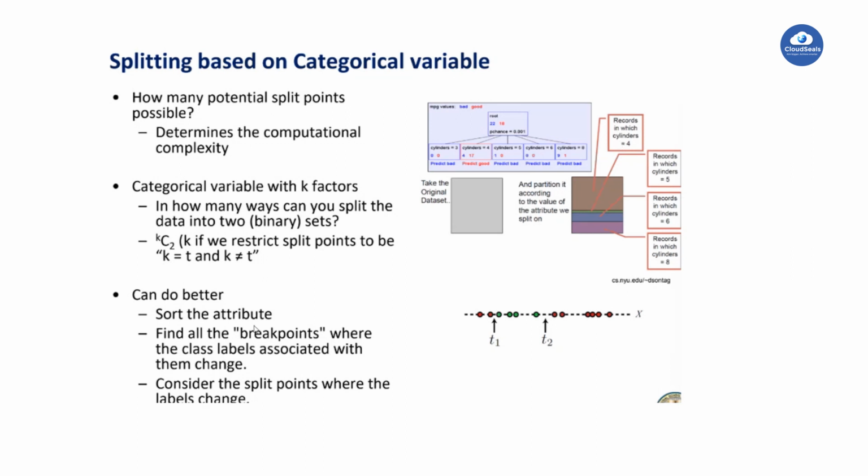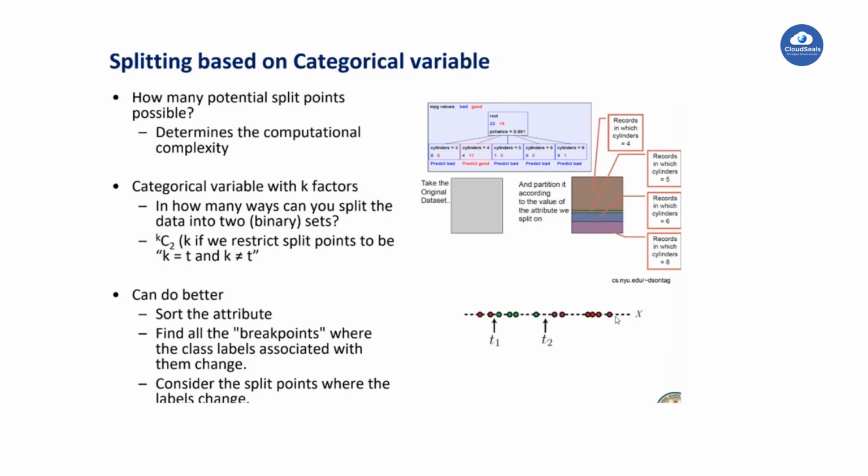Then find all breakpoints. Here this is good. Here one breakpoint, here it again started bad. So one breakpoint. Here again it started good, so again you can split here. Wherever the class changes, at that point you can put one split. Then through these splits, we will be able to classify correctly.